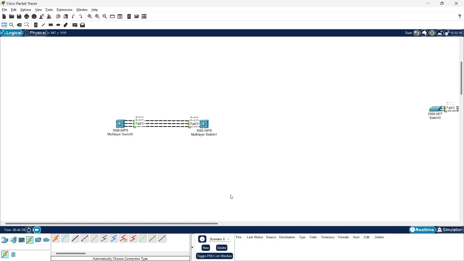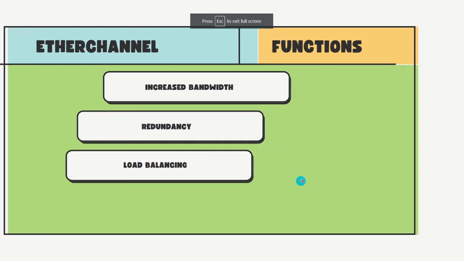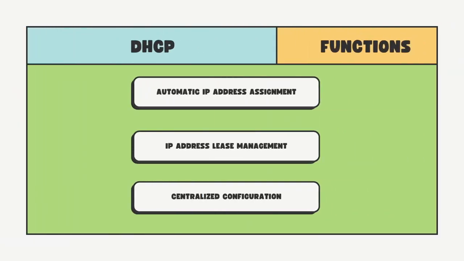So we're gonna move to the presentation again. We're gonna learn about DHCP. So there are some functions in this DHCP. For the first, it will automatically do the IP address assignment.